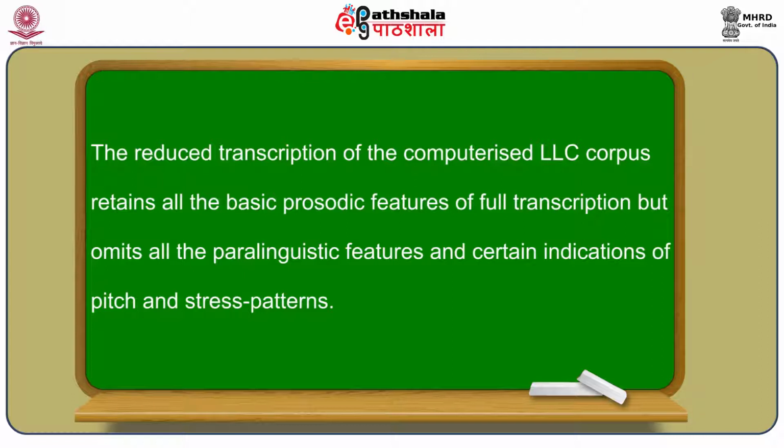The transcription notations, strategies and methods used for the computerized LLC retain all the basic prosodic features for full transcriptions, but omit all the paralinguistic features and certain indications of speech and stress patterns.